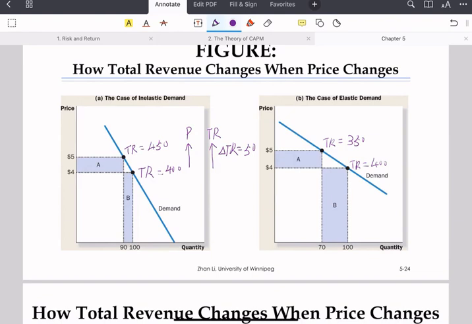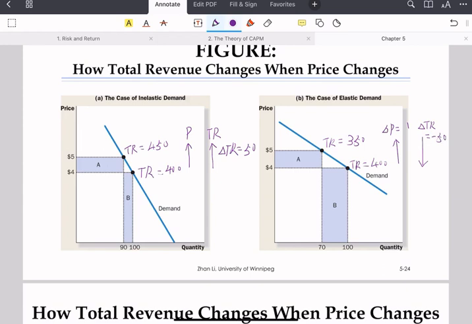So basically delta means change. And here we have the same change, right? Price increases by 1. Now, we will observe the opposite movement in total revenue here, right? The total revenue actually decreases. So the change in total revenue is minus 50, right?